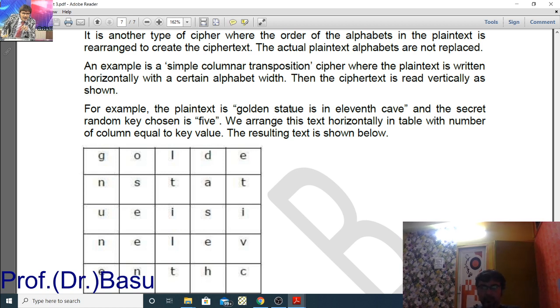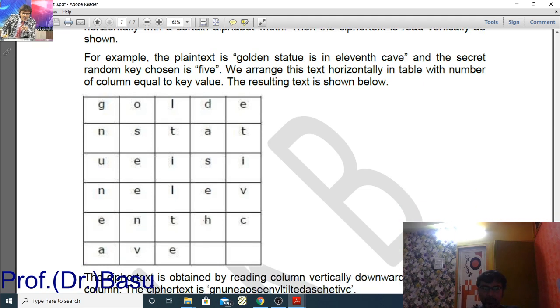Now we keep on writing the plain text: GOLDE, then the next character N will come here, so consecutive rooms will be filled. Golden statue is in 11th cave, CAVE. So here we are completing. These rooms may be vacant.